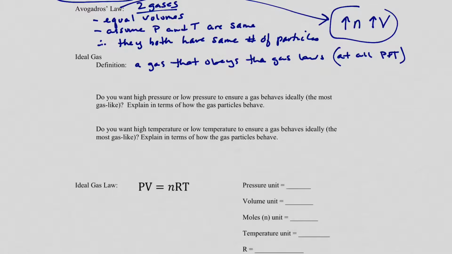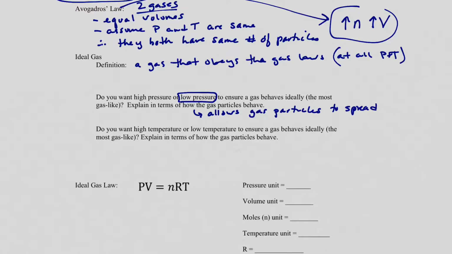So what that means, do you want high pressure or low pressure to ensure a gas behaves ideally, like the most gas-like? What we actually want is low pressure, because this allows the gas particles to spread out.